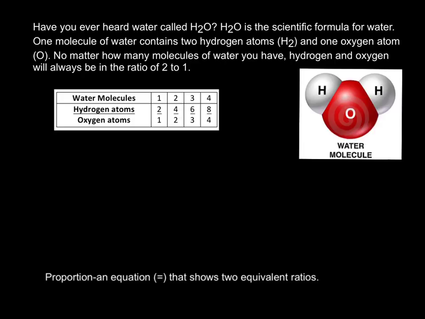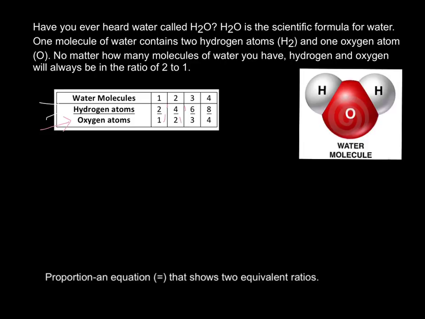So then we have this nice table here. If there's one water molecule, our numerator will be the hydrogen atoms, and our denominator will be the oxygen atoms. So 2 hydrogens for 1 oxygen, 4 hydrogens for 2 oxygens if we have 2 molecules, and so on.